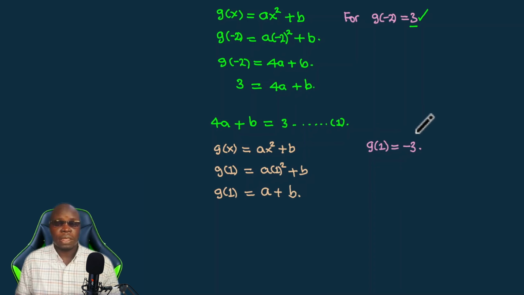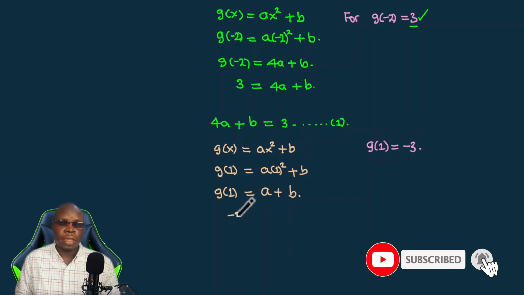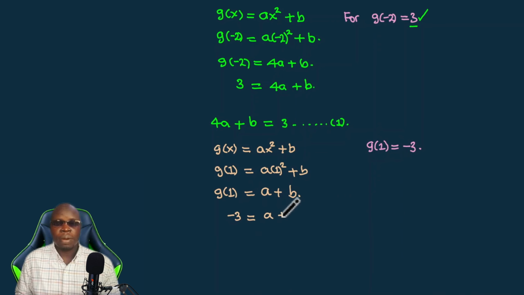What is the next thing? We need to replace our g of 1 by this condition, negative 3. So we have here negative 3 equals a plus b. Now, we also need to write this just the same like equation number 1.